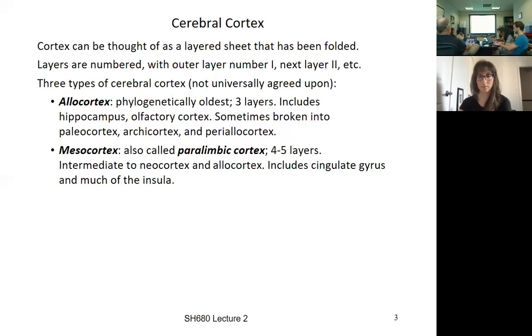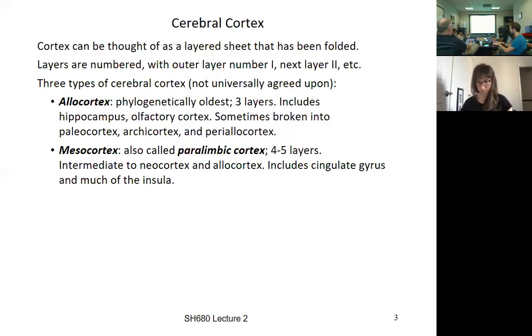Next up in the evolutionary time scale is mesocortex or paralimbic cortex. This has 4 to 5 layers, depending on what animal or part of the brain you're looking at. And as the term meso indicates, it's intermediate to the neocortex and allocortex.